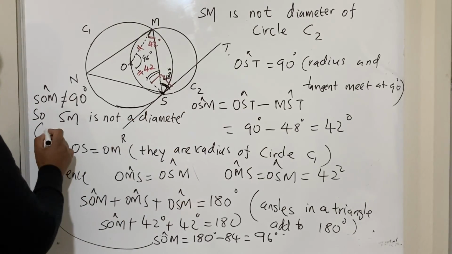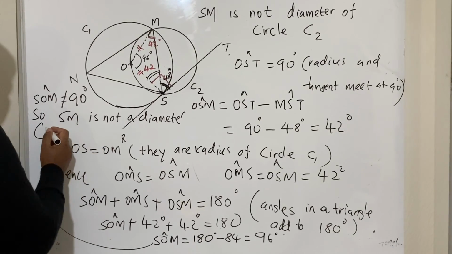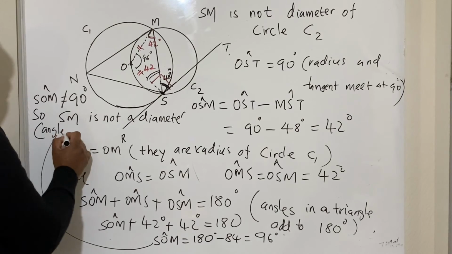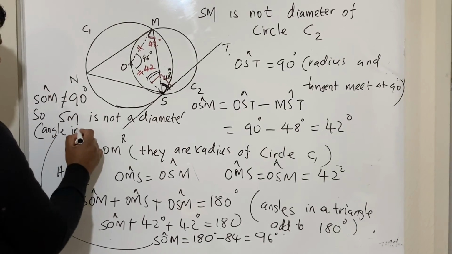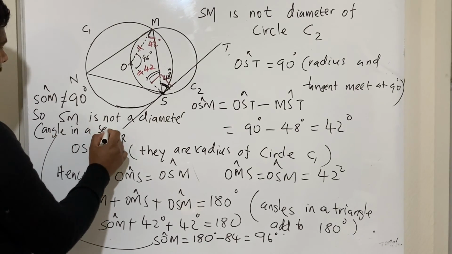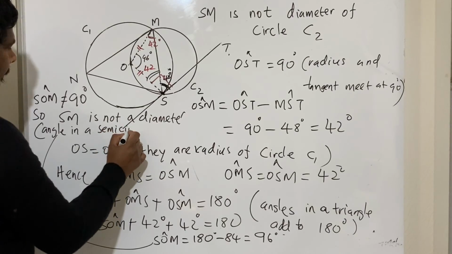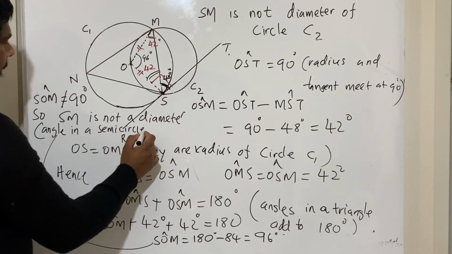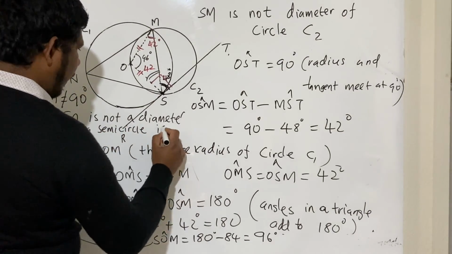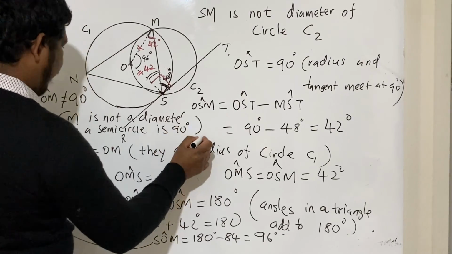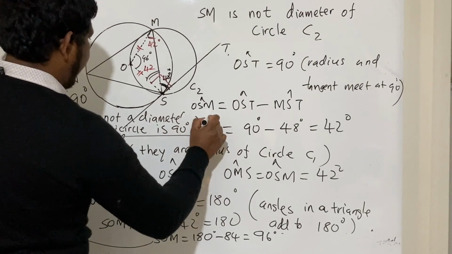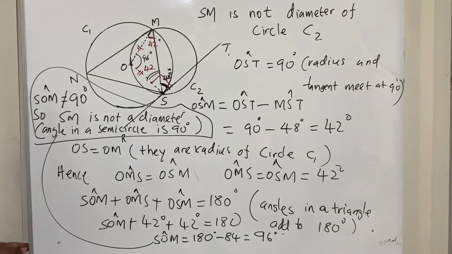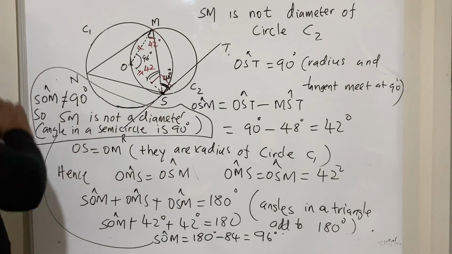And you can tell the reason that angle in a semicircle is 90 degrees. So this is the proof.